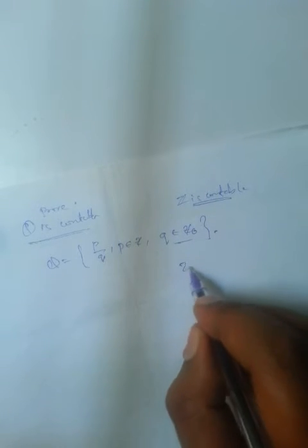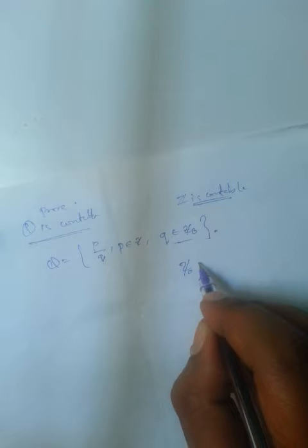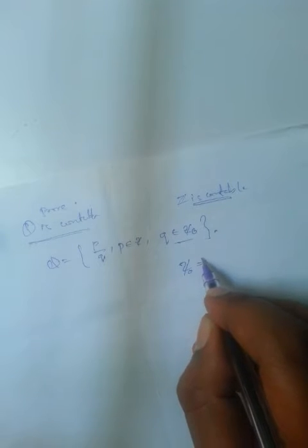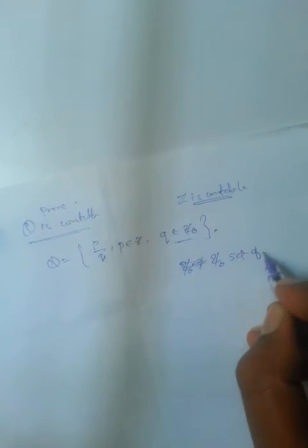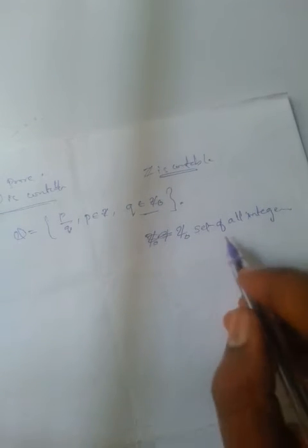So here Z naught is the set of all integers excluding 0. That's it, nothing else.